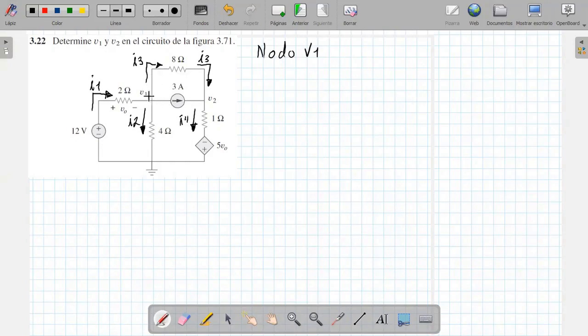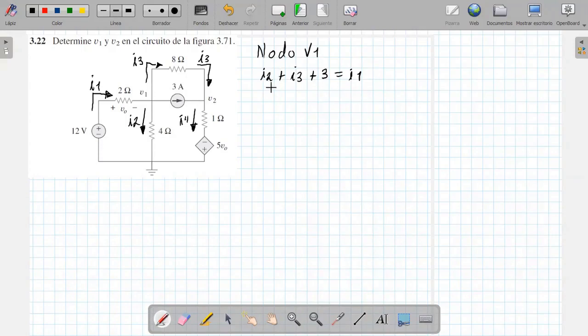So what comes out is I2 plus I3 plus the 3 amperes, and it will be equal to the current I1. What comes out will be equal to what comes in, the law of Kirchhoff.